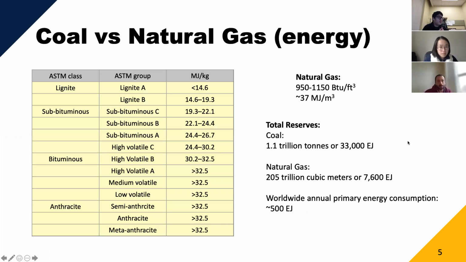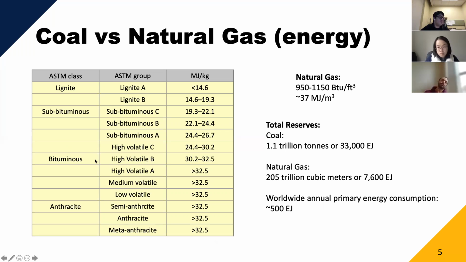Okay, so thinking about coal and natural gas in terms of energy content. We had talked about this a little bit in last class, but this gives you hopefully some perspective about the energy density. As I was mentioning, lignite is the lowest quality of coal, which means the energy density is quite low.